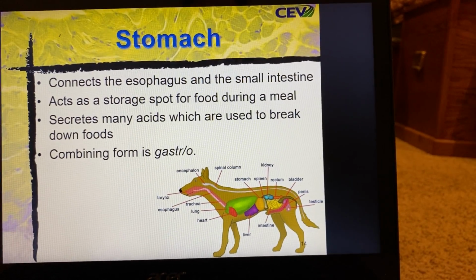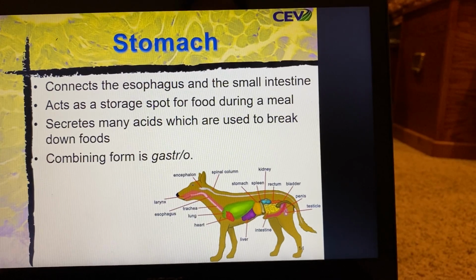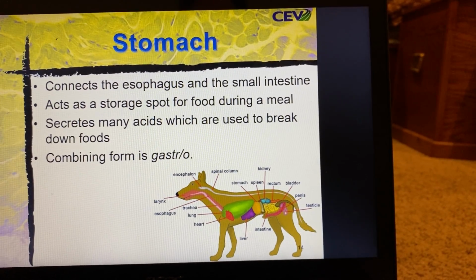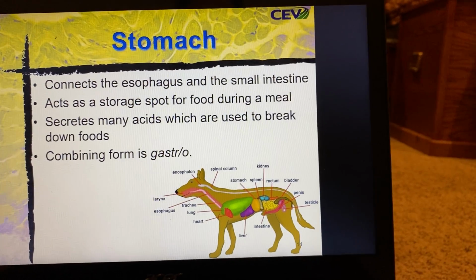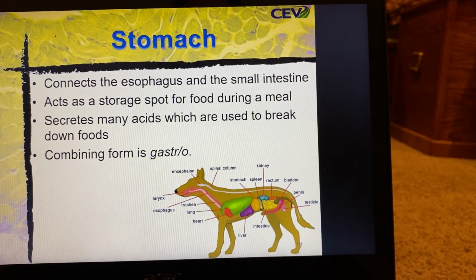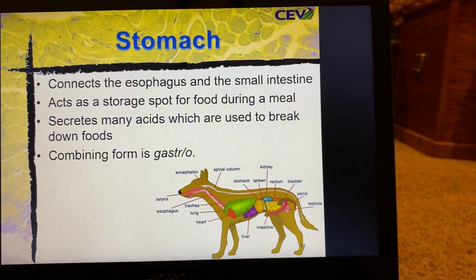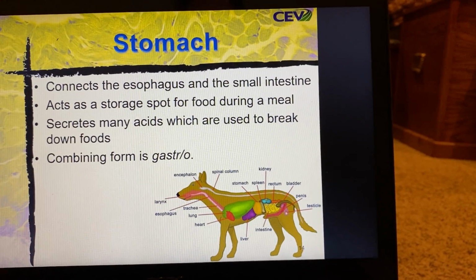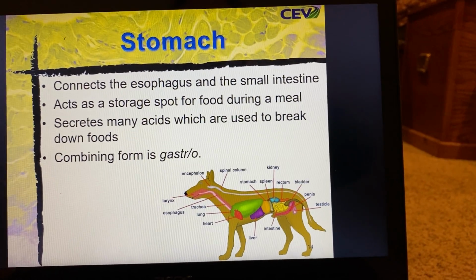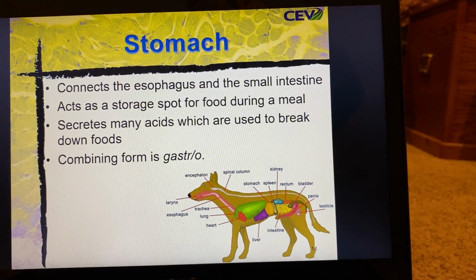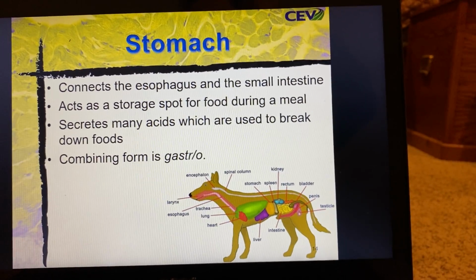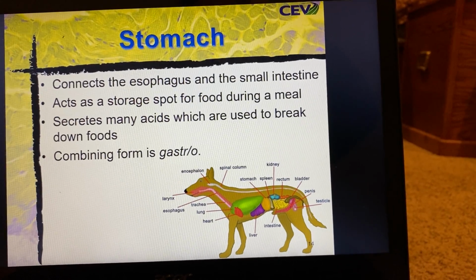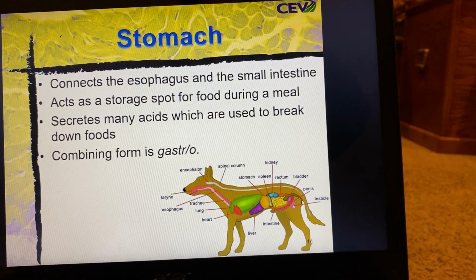If you can picture how bitter and almost spicy it is, I'm sorry for grossing you out, but that is actually acid. So if you've ever heard of acid reflux, that is the same concept. Your stomach contents mixed with that acid come up your esophagus. It gives you heartburn. You could have those nasty burps.